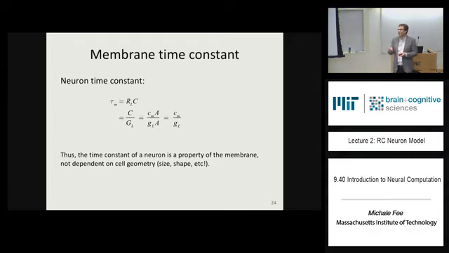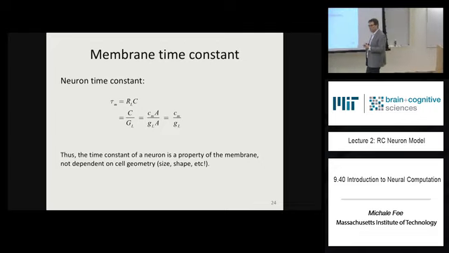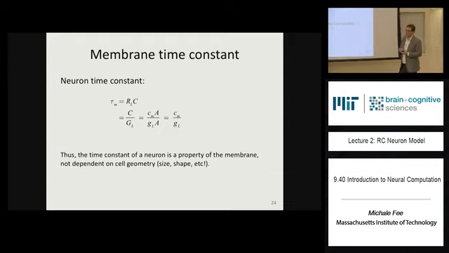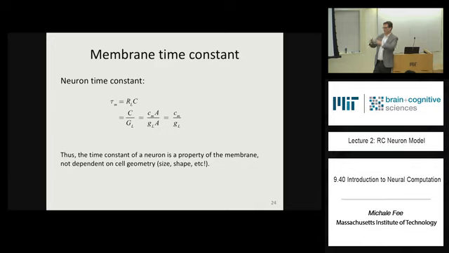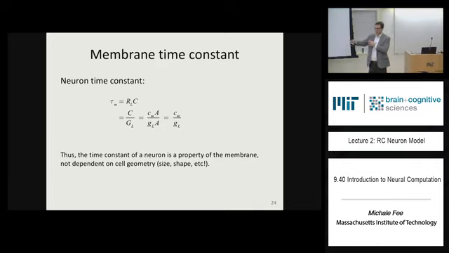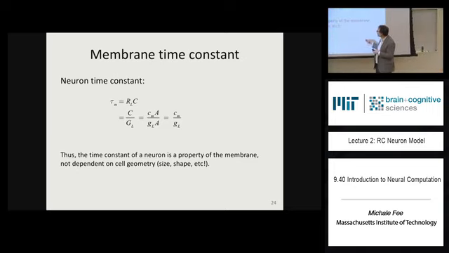Any questions about that? Yes? Like in that case, you have different time constants. Do you have to consider flow between different areas? You sure do. Absolutely. That's one of the interesting things about cells with multiple different compartments: they have different properties. You have current flowing between them, but you have to understand this kind of basic stuff before you even get anywhere close to understanding a more complicated neuron, right?